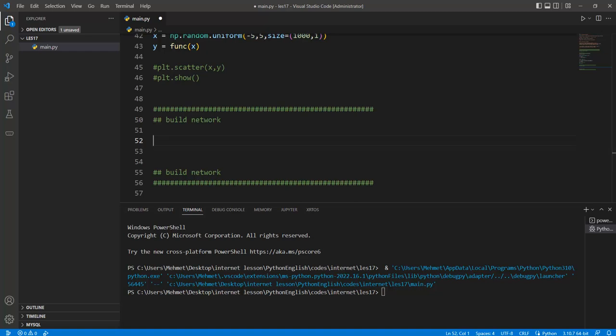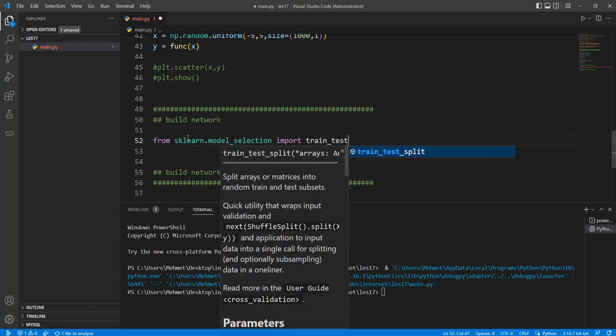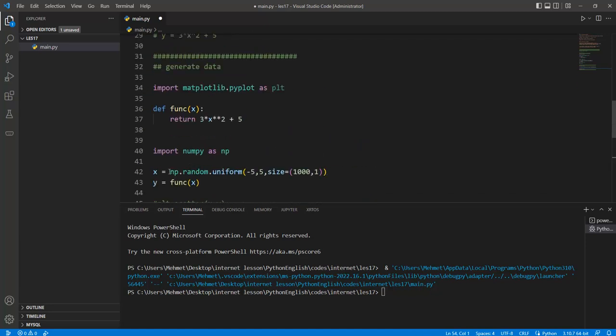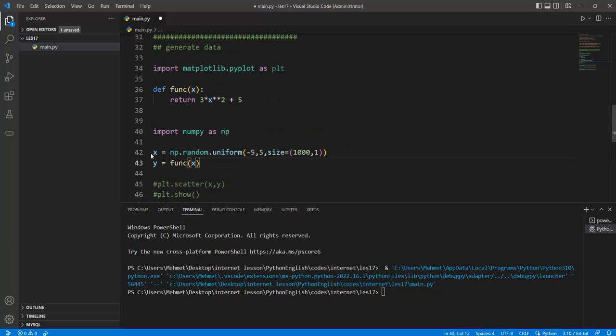In order to create our network, we should firstly utilize the pre-processing data. The sklearn is some kind of tools for the model selection. And so train and test data can be split by using this term. And so our input data is equal to the x, and the other term is the y.